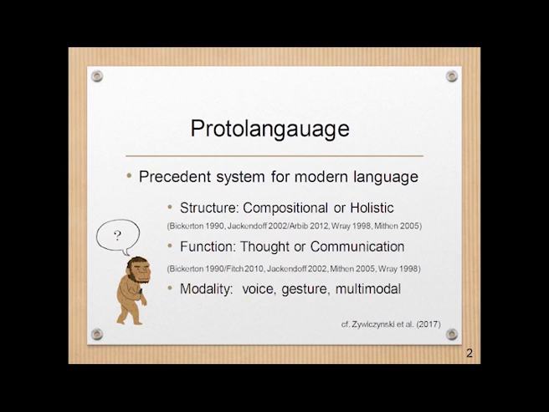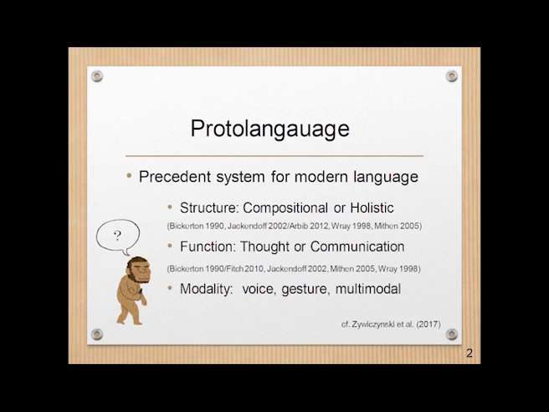One is concerning its structure type. That is, whether protolanguage was a compositional, synthetic one, which was composed of several words, or a holistic one that expressed the meaning in a single one-word-like expression. And another issue is its function.